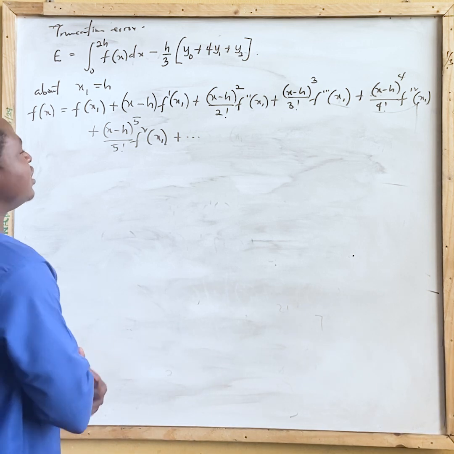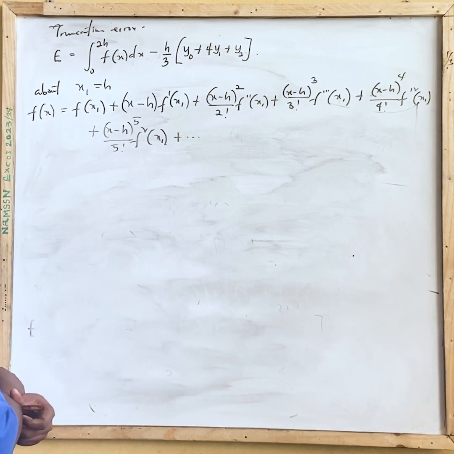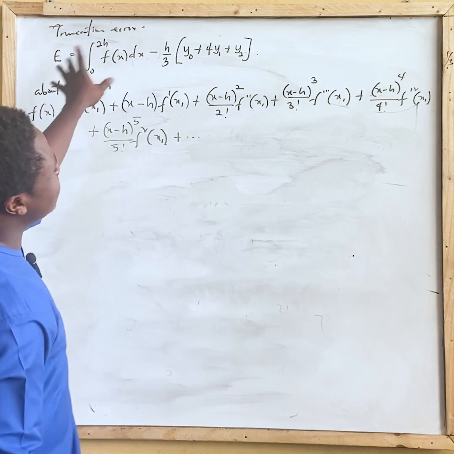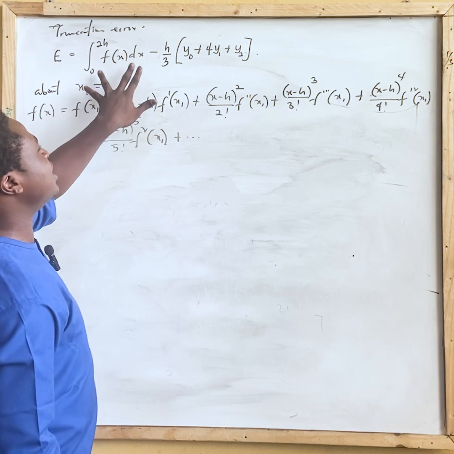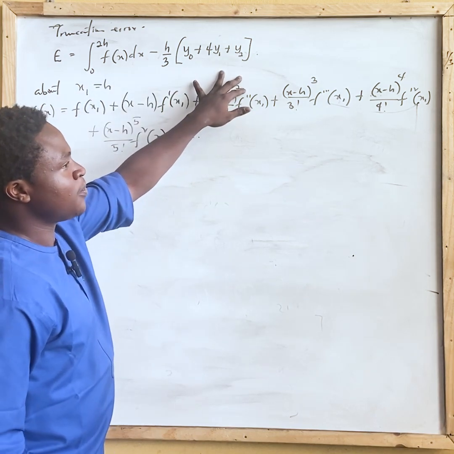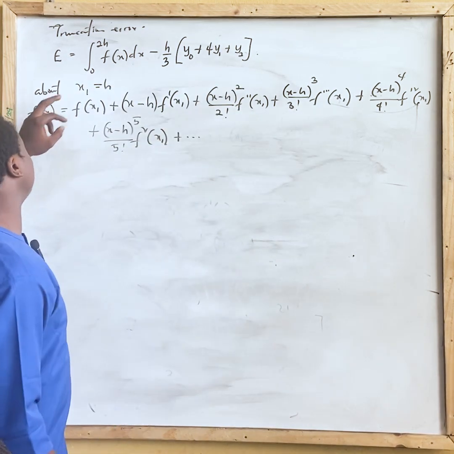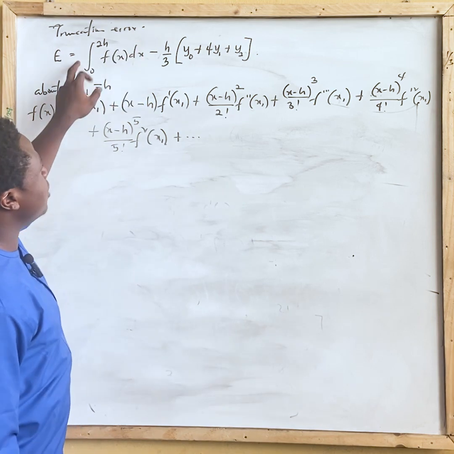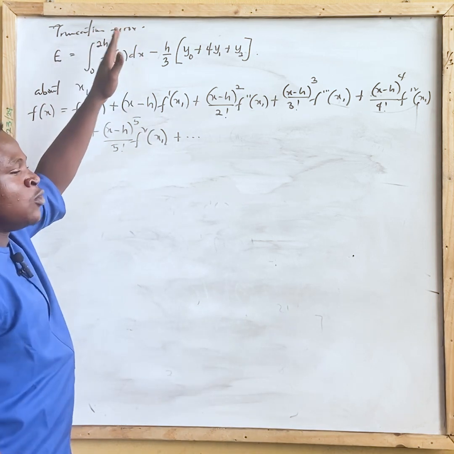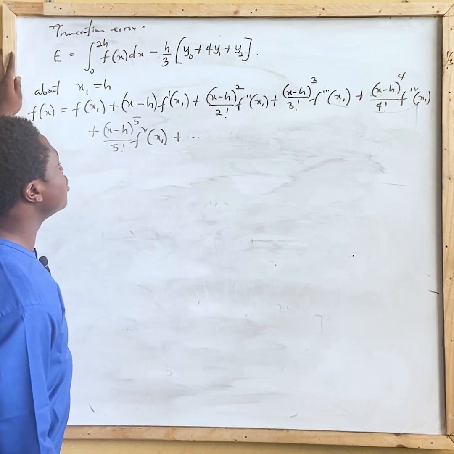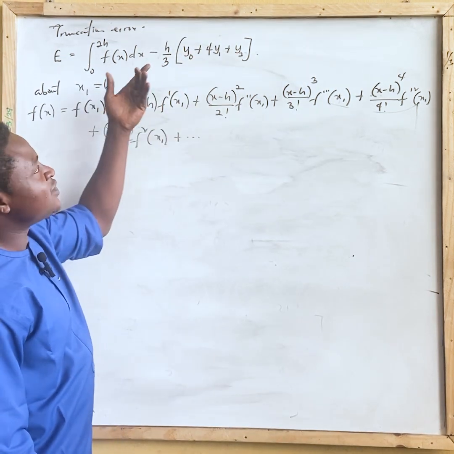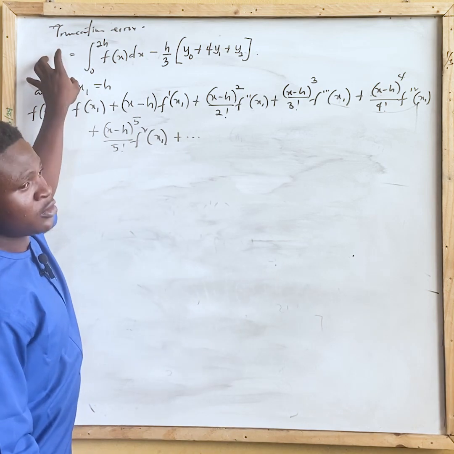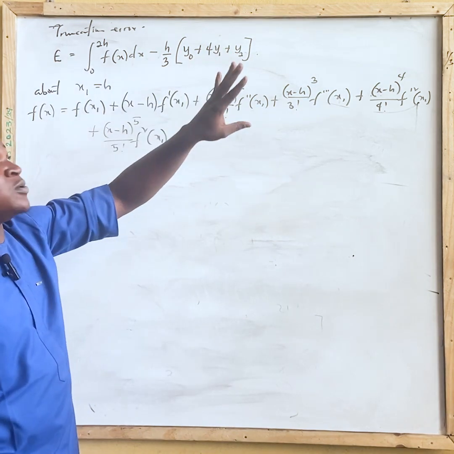Now in our error, we should get the integral from 0 to 2h. The reason the formula is like this is because if we solve this problem normally, the way we were taught in calculus, we'll get a result which will also be different from the formula's result. The difference in the result is what we call the error.